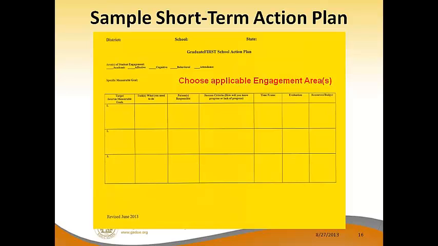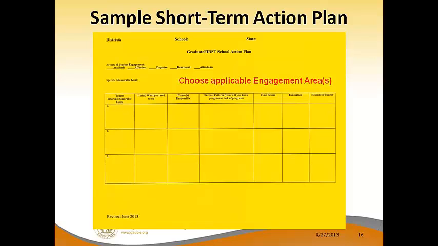Many of our schools use what they are required to use for their school improvement plans in the short-term action plan. Really, the main thing is that we need for you to include what engagement area or areas your short-term action plan will be addressing.